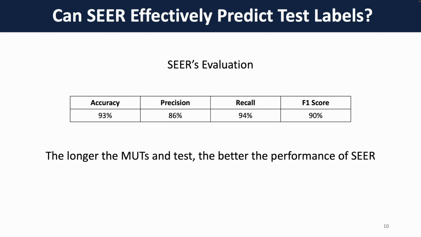As you can see from the table, SEER achieves an overall 93% accuracy, 86% precision, 94% recall, and 90% F1 score. For a detailed explanation and discussion of results, please refer to our paper. As part of an ablation study, we were interested in determining whether SEER prefers shorter or longer sequences. Our results showed that the longer the MUTs and tests, the better the performance of SEER.